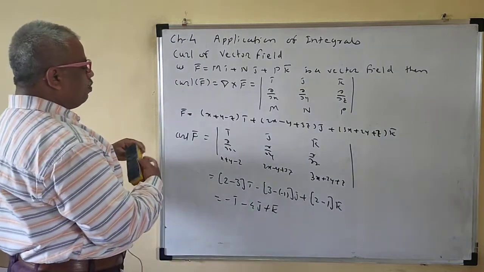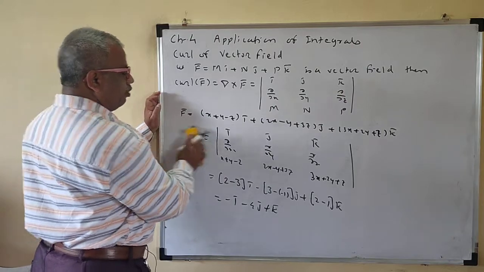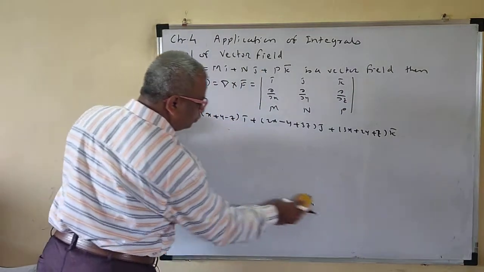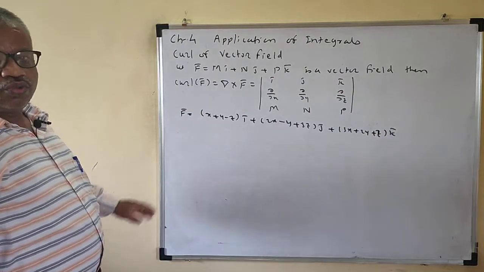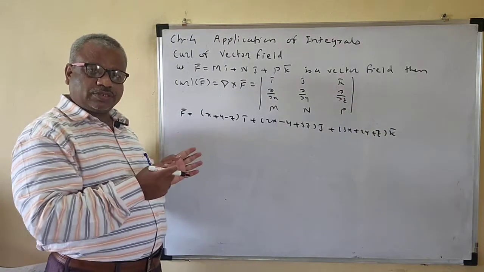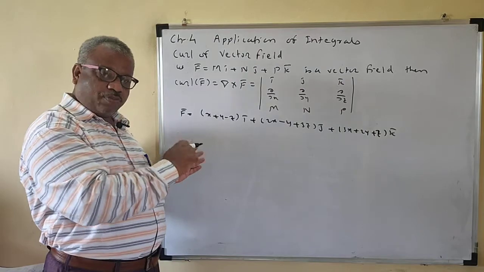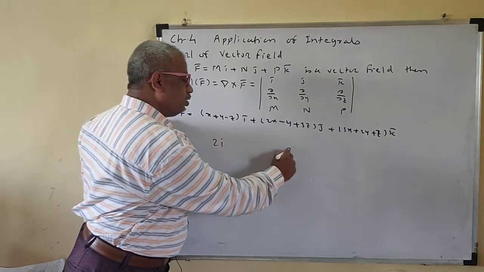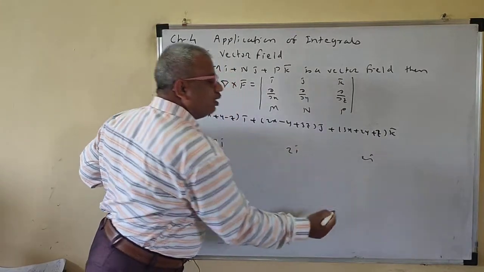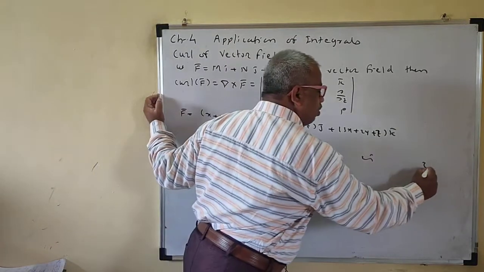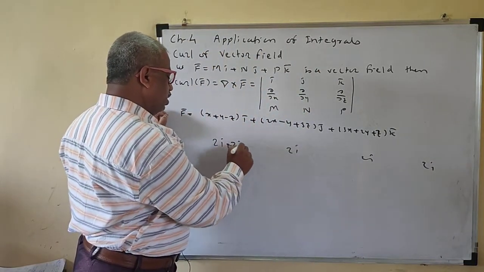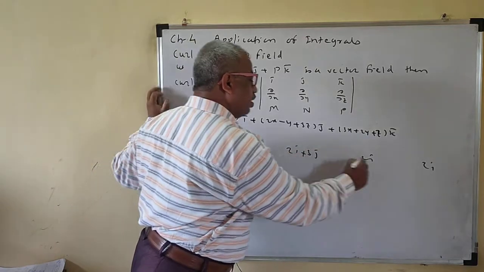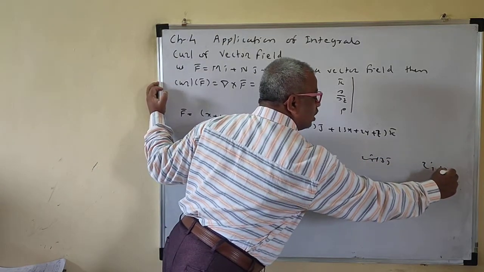So while solving problems, if you want to choose the correct option, if F bar is given, then for the curl of F bar I have to check all the options. Suppose the first component in every option is 2 i bar, and the second component is 3 j bar.